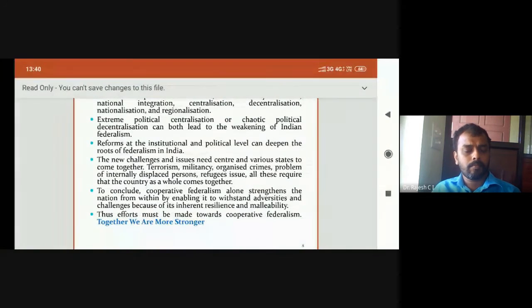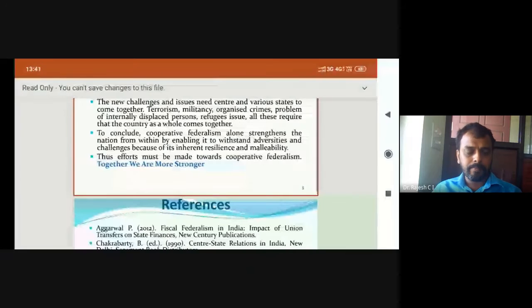Reforms at the institutional and political level can deepen the roots of federalism in India. Different types of new challenges and issues are coming up, say terrorism, internally displaced persons, the refugee problem, militancy, etc. So it requires that the country as a whole should come together. Cooperative federalism also strengthens the nation from within by enabling it to withstand adversities and challenges, and therefore every effort should be made towards cooperative federalism, because together we are stronger.